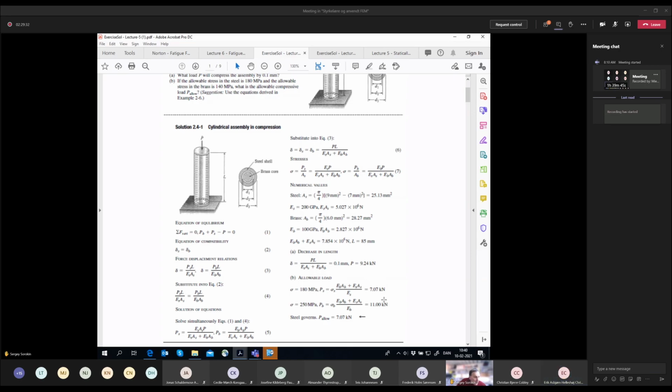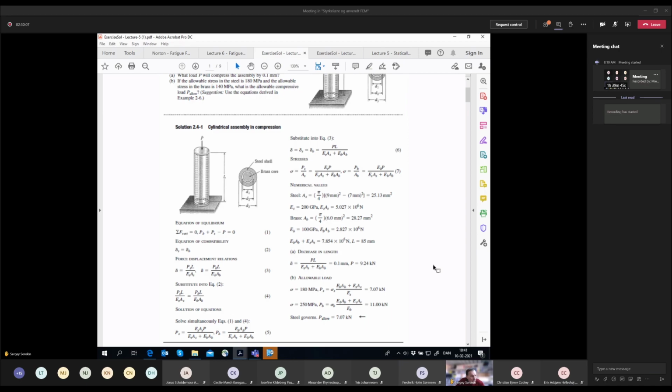Allowable load. Okay, so you see, this is very reasonable. As we have found the displacement as equation 6, then we can find the stresses. As we found PS and PB, we can immediately find the stress in steel and the stress in brass, and they're defined by formula 7, and they're not equal, right?